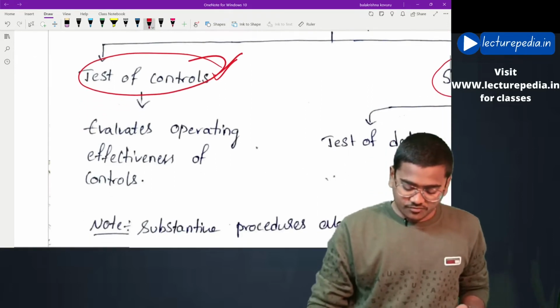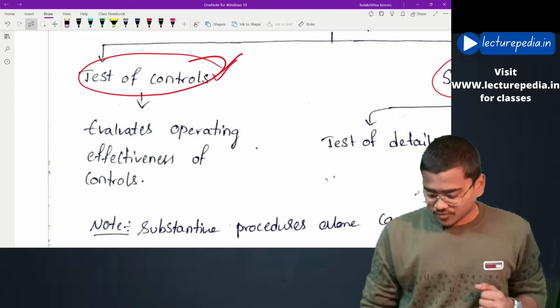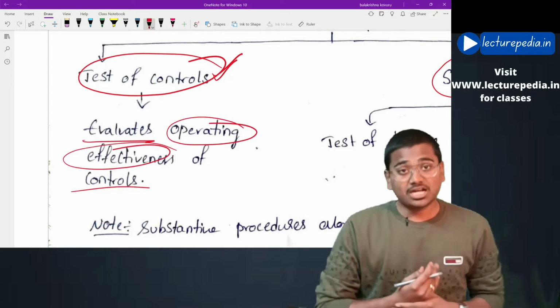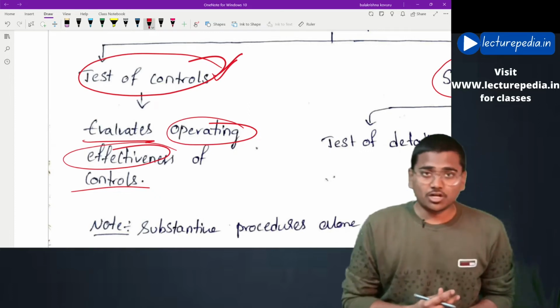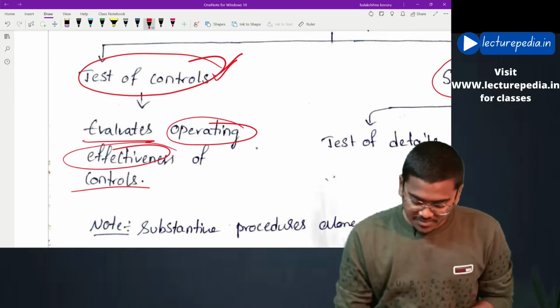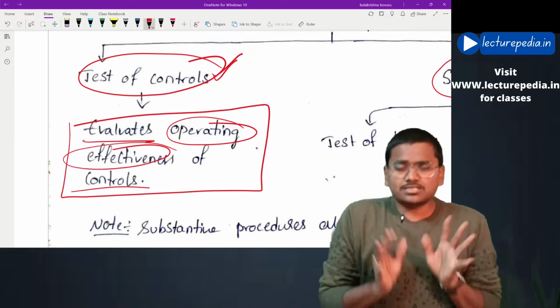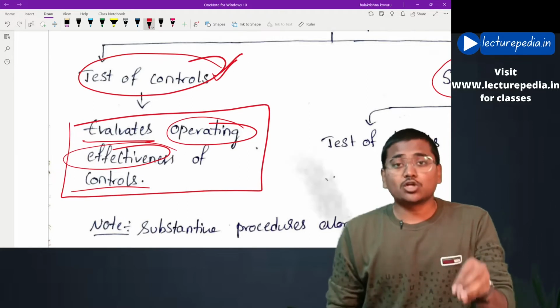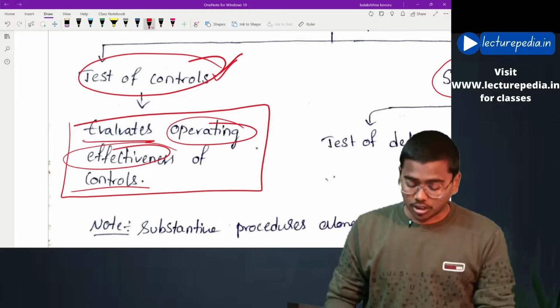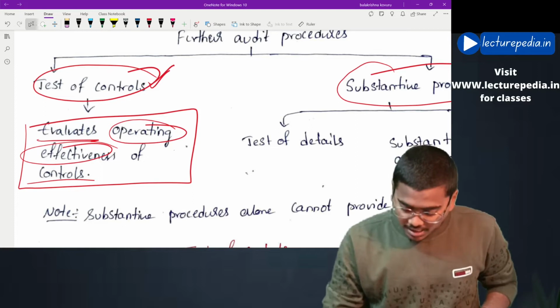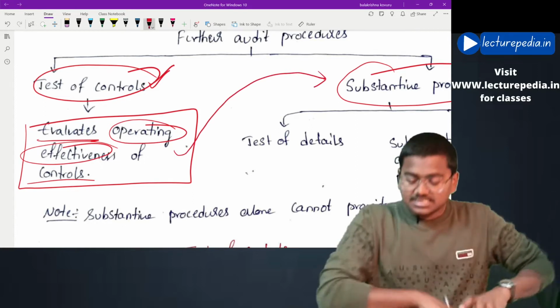What is the purpose of test of controls? The purpose of test of controls is to evaluate the operating effectiveness of controls. See, the auditor will not give an opinion whether the controls are operating effectively or not. He will just check whether controls are operating effectively or not in order to determine the amount of substantive procedures that he has to perform.